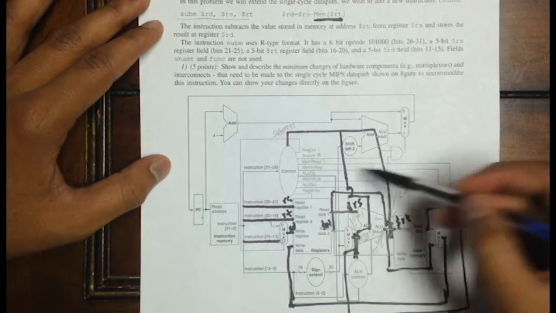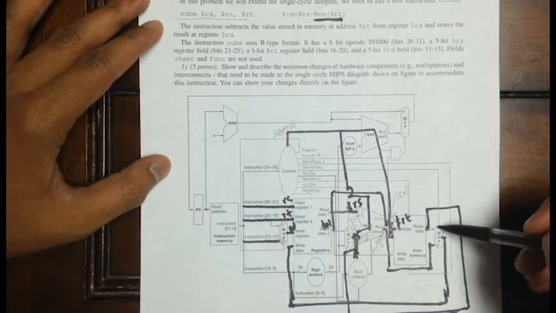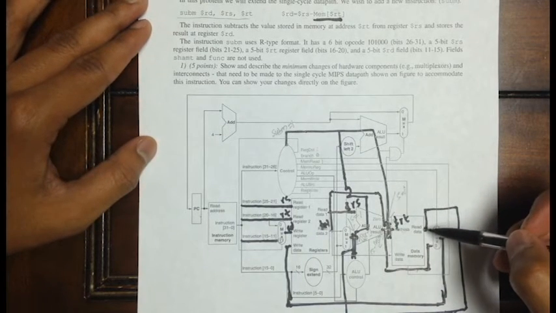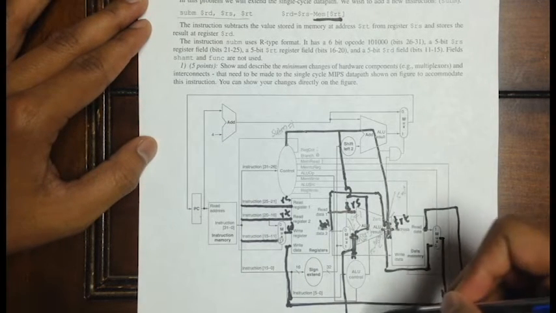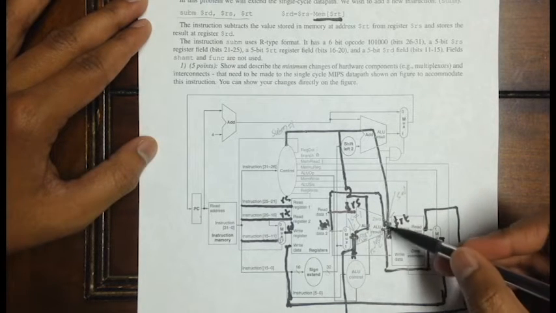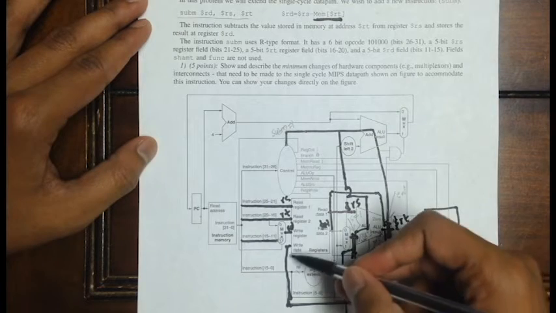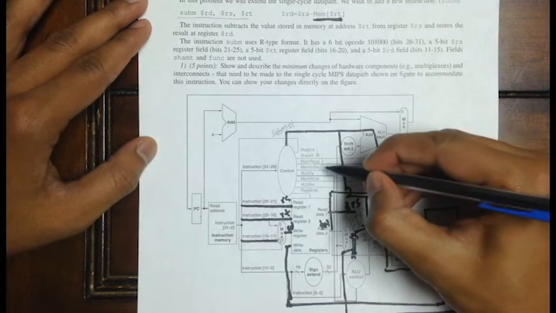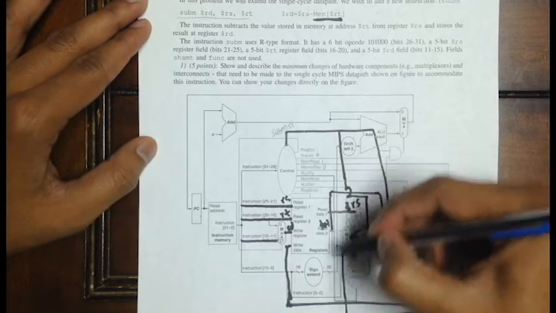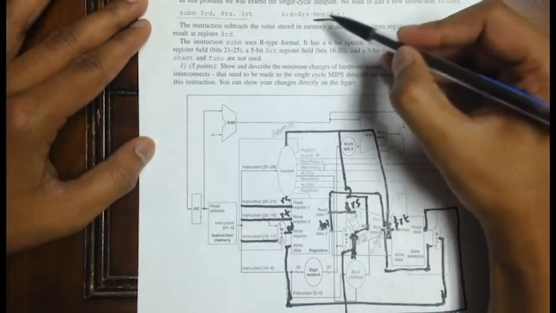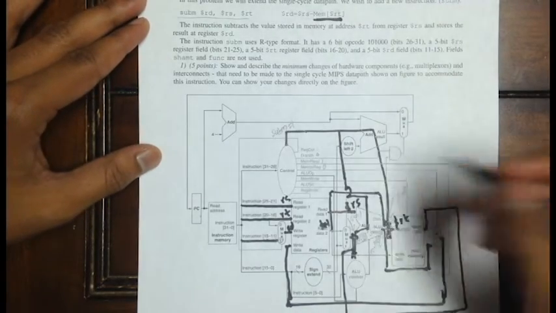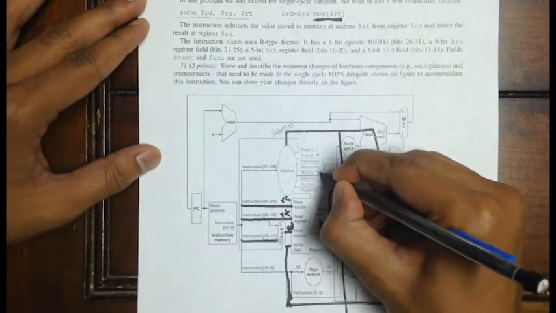Memory to register asks the question, are we taking data from memory and directly taking it to register? The answer is no. We're taking the ALU data and writing it to register. So memory to register would be 0. ALU opcode, what function are we doing in ALU? We're doing subtraction. So that, I believe, is 0, 1.